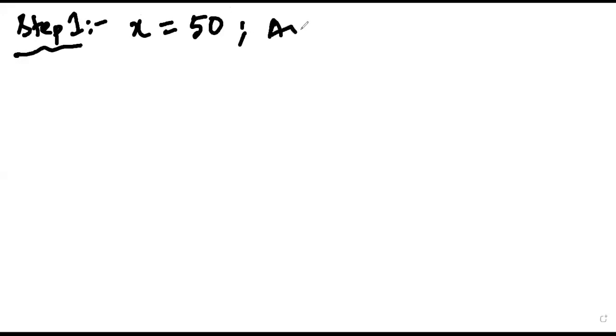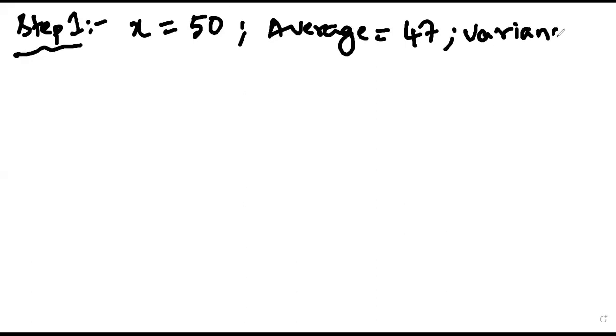Step 1 is finished, sir. In Step 1, we had considered x is equal to how much? 50. The average is how much? 47. And did we find out the variance of the project?